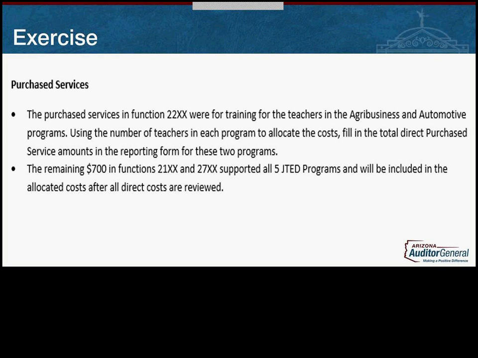Here you'll see we've indicated that the purchase services in function 2200 were for training the teachers in the agribusiness and automotive programs. So using the number of teachers in each program, we can allocate these costs to fill in the total direct purchase service amounts in the reporting form for these two programs.